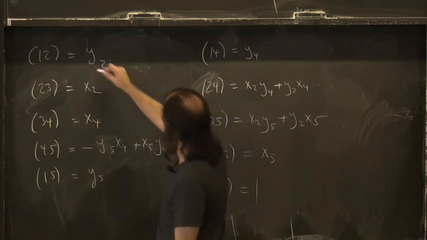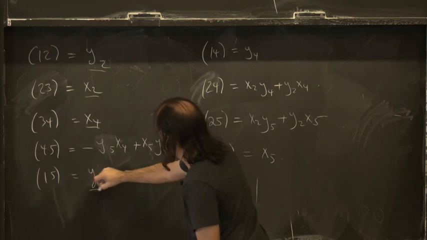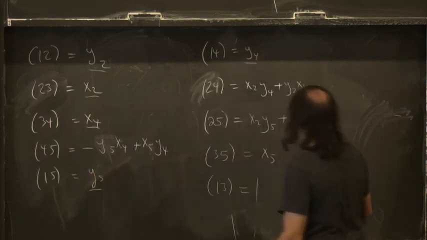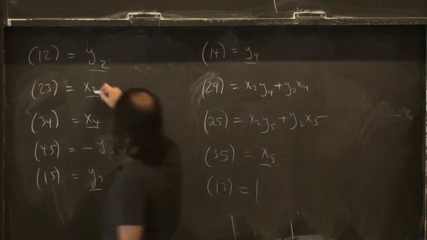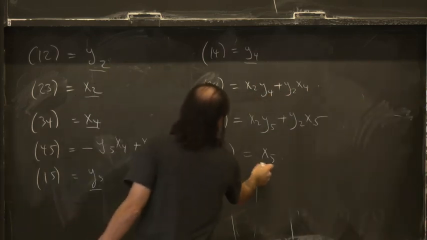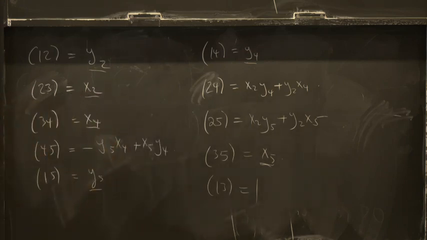A lot of these are manifestly positive already. So we have 1, 2, 3, 4. Yeah, they're all positive already.